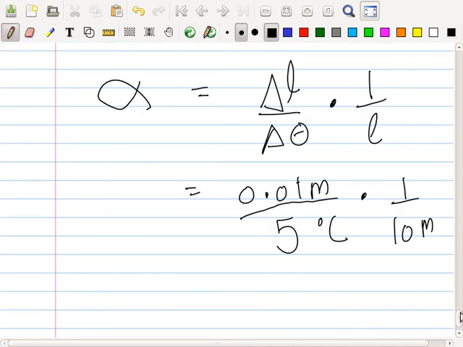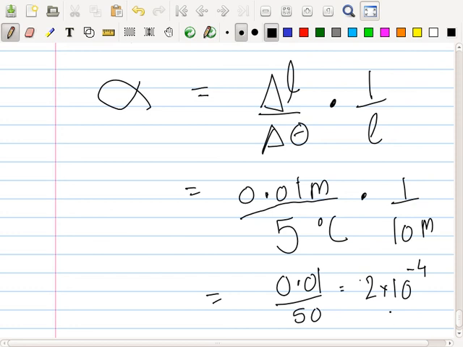So let me calculate this. Can you calculate, please? That would be 0.01 over 50. That would be 0.0002, I guess. I know, they have calculators. 2 times 10 to the minus 4.